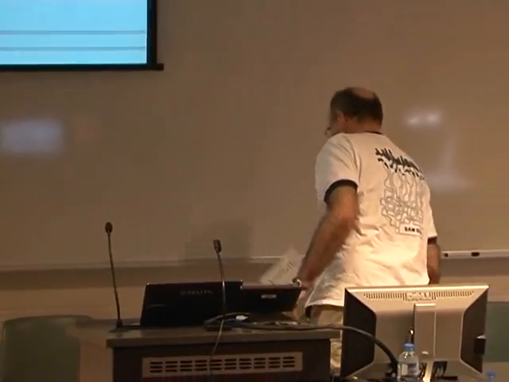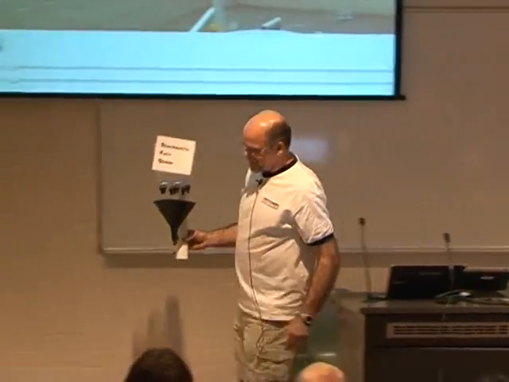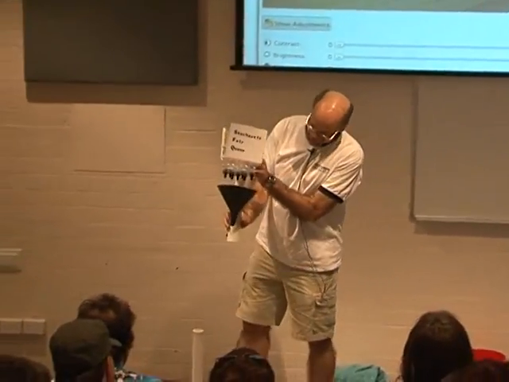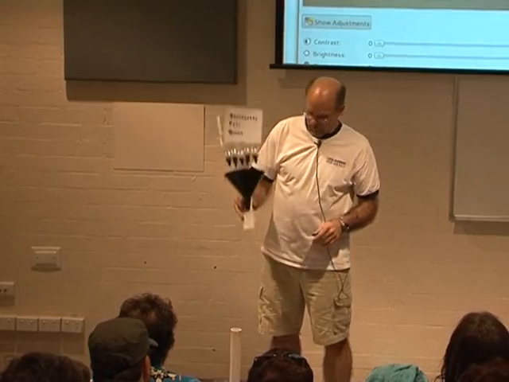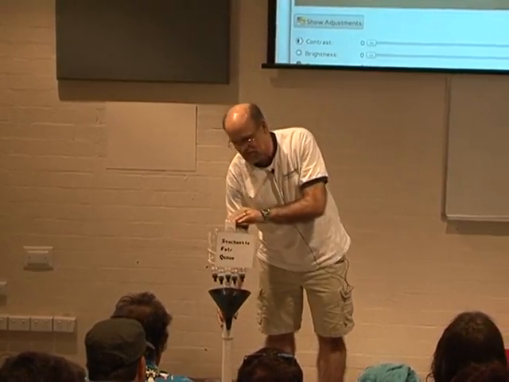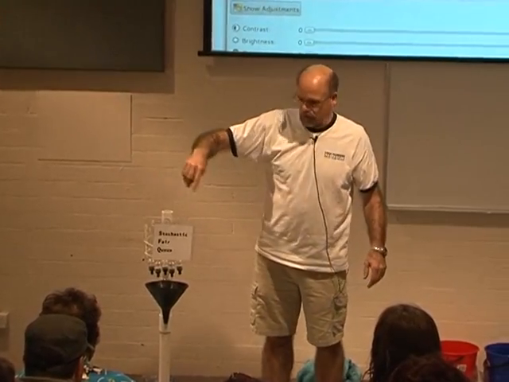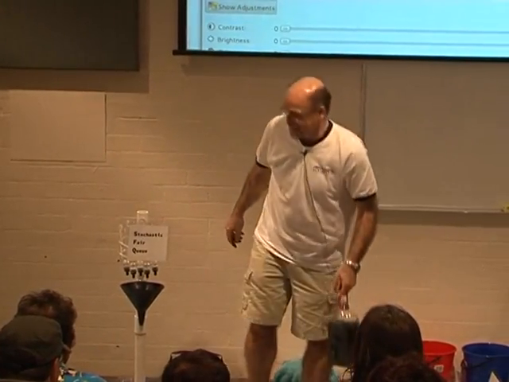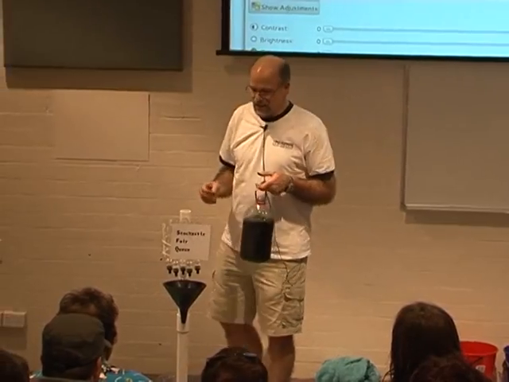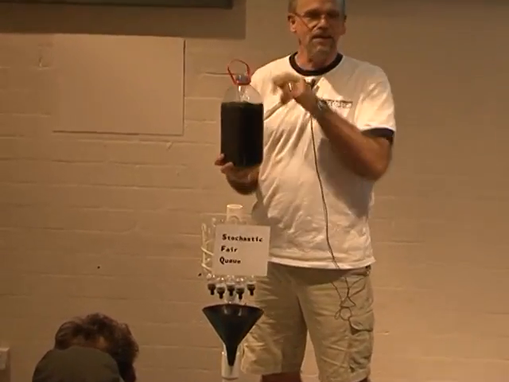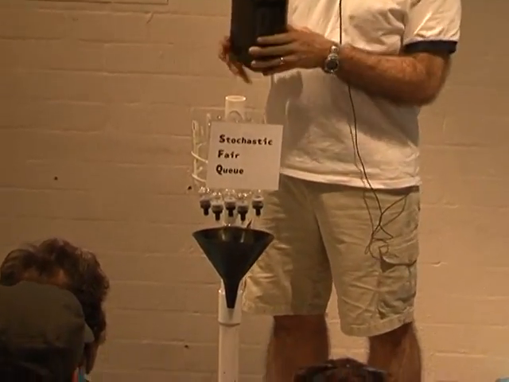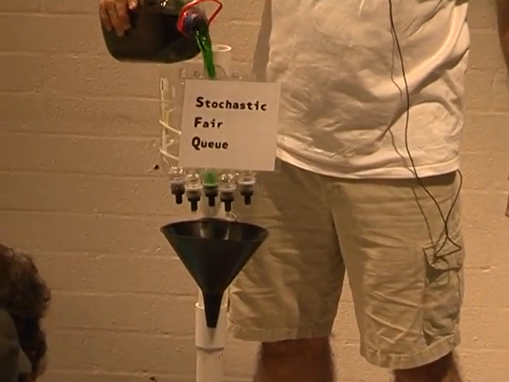So Paul McKenney, who is not here right now because he's in the other talk, and some other people invented something called stochastic fair queuing. Now, stochastic fair queuing, they have 128 bottles, but I couldn't fit that many in. And the idea is that you take a random hash of the flow, and you choose the bottle you want to go in.